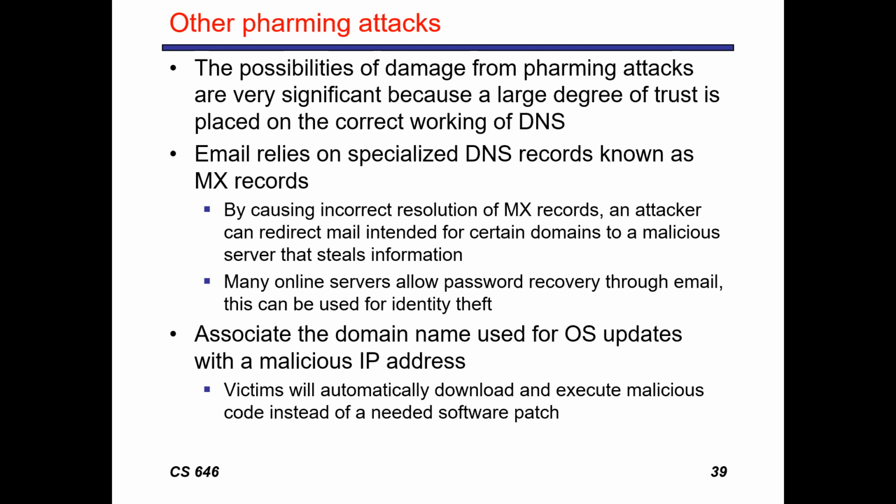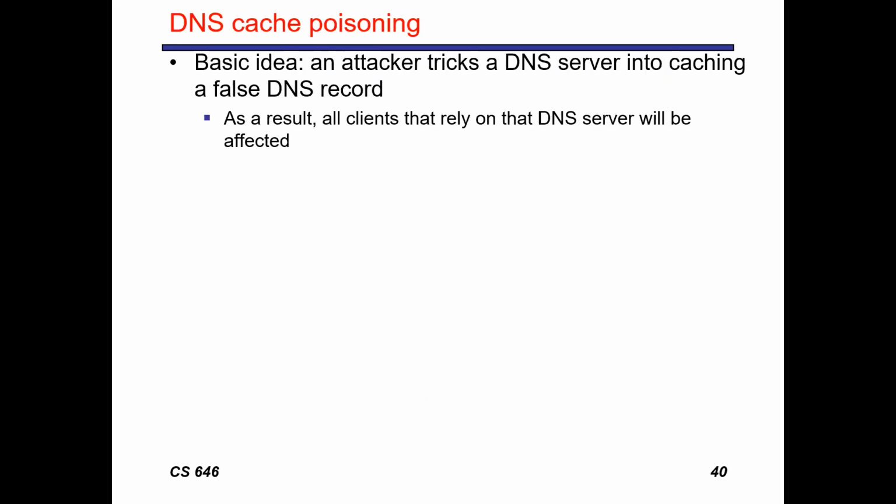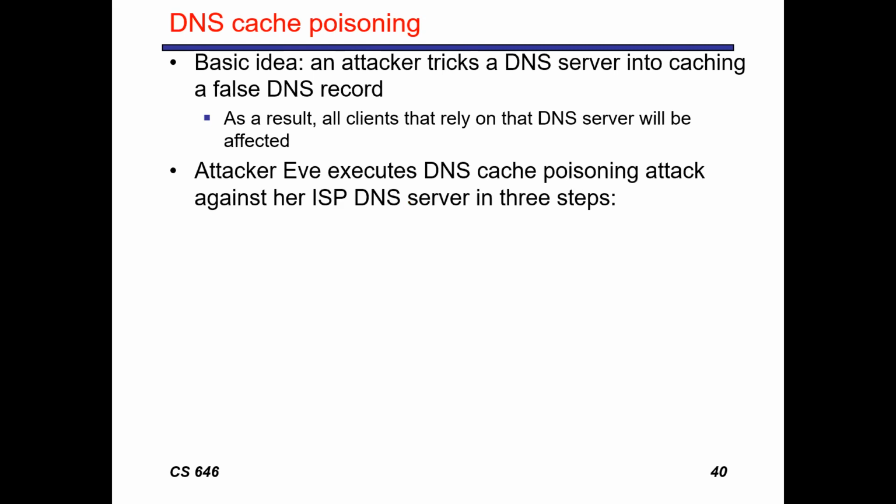So if the associated domain name for these OS updates has been replaced by the attacker's malicious IP addresses, it means that the system will be redirected for updates to a fake server, and on that server, the attacker will place malicious executables, which will compromise the user's system. So here you can see that by using DNS poisoning kinds of attacks, the attacker can gain access to the emails, gain access to the systems, and the effects of this attack are really devastating for the targets.